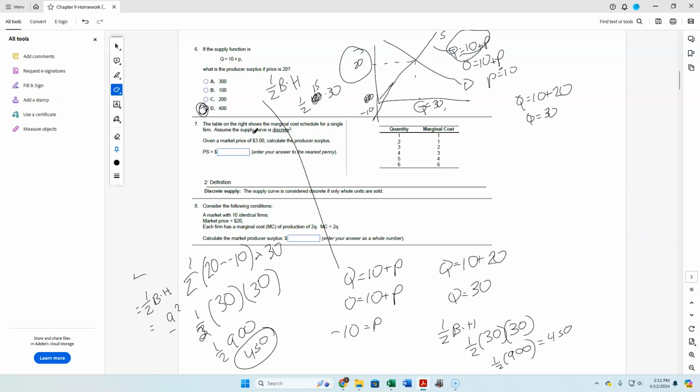Okay, so let's look here. We have a marginal cost schedule, and we're given a market price of $3, and we need to solve for the producer surplus.